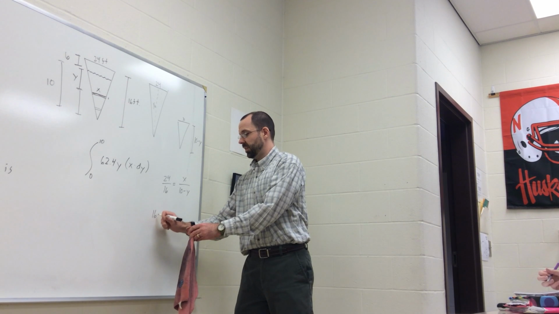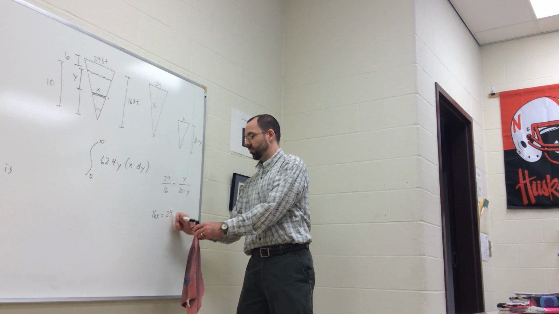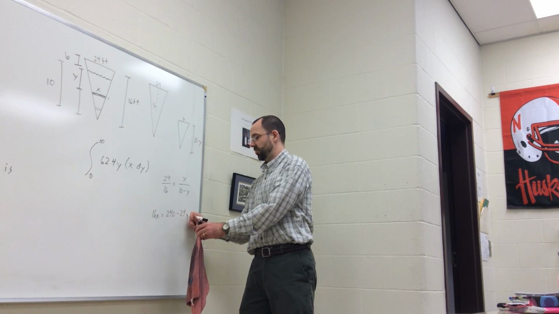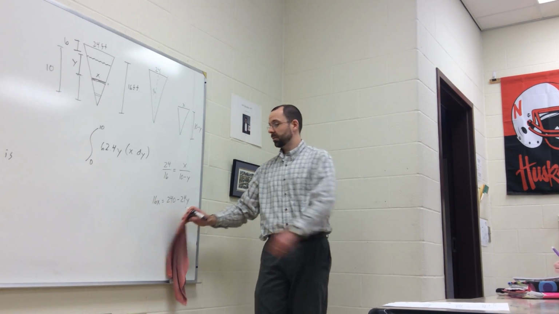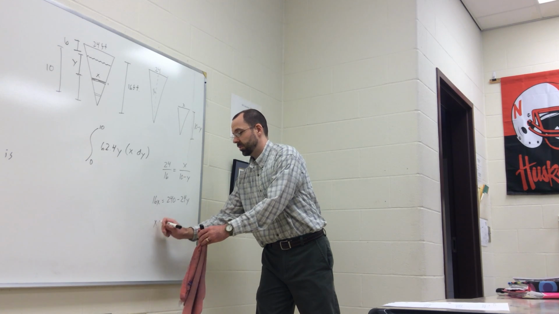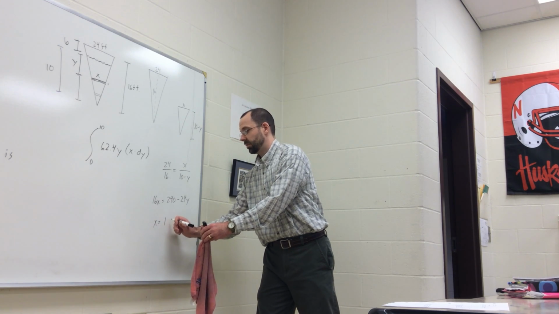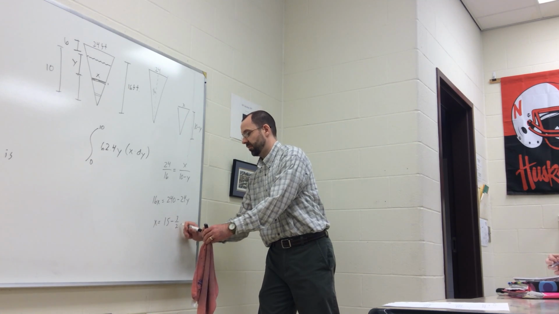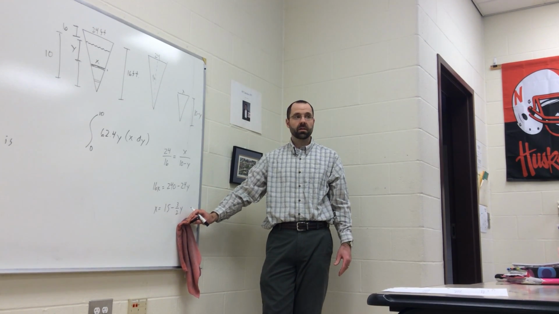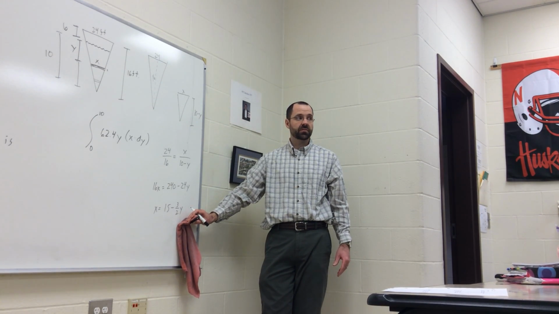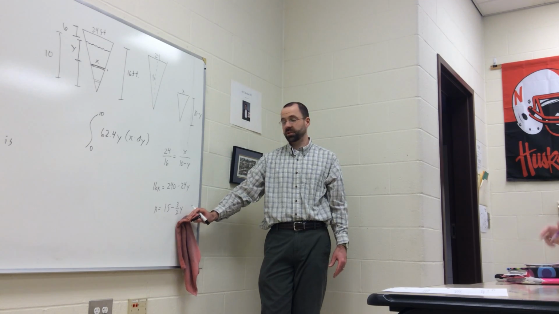So 16x equals 240 minus 24y. So x equals 15 minus 3 halves y. 240 divided by 16 is 15. And 24 divided by 16 reduces to 3 halves.